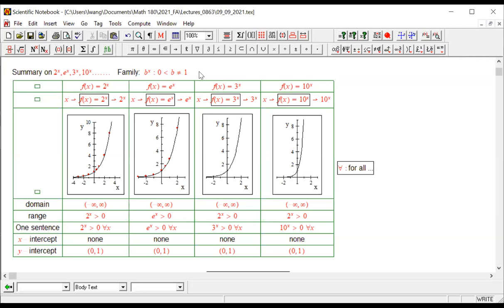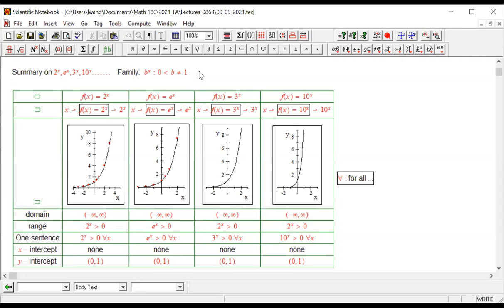Okay, very good observation. When base b is larger than 1, yes, all of them are increasing.